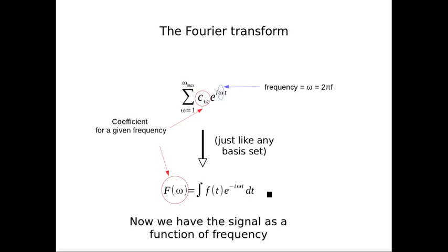And this is the expression for the transform, so integral of f(t) exponential of negative i omega t dt. And I won't explain the math going into here, but basically the calculation is performed just like for any other basis set. We take the product at each frequency with the original function and integrate over all time.